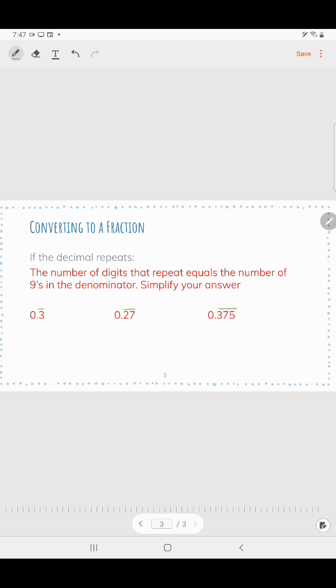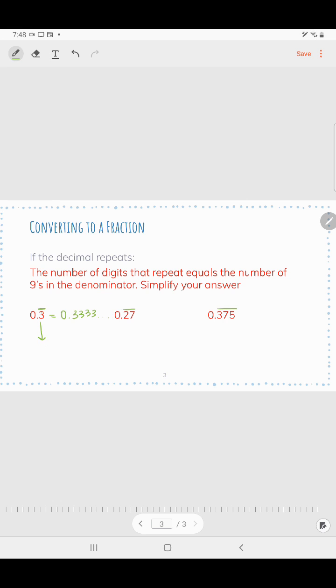Now let's suppose my decimal repeats. Remember, this repeating symbol is the same as writing 0.3333 dot dot dot. So if I have a decimal that repeats, in order to convert it, I'm going to start the same as I would the terminating decimals.